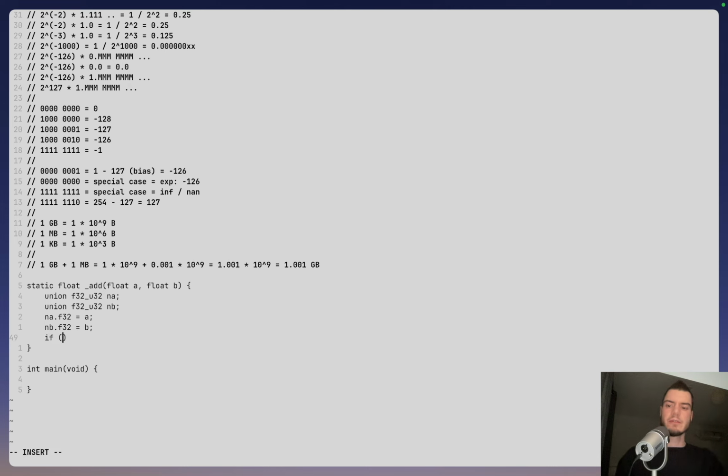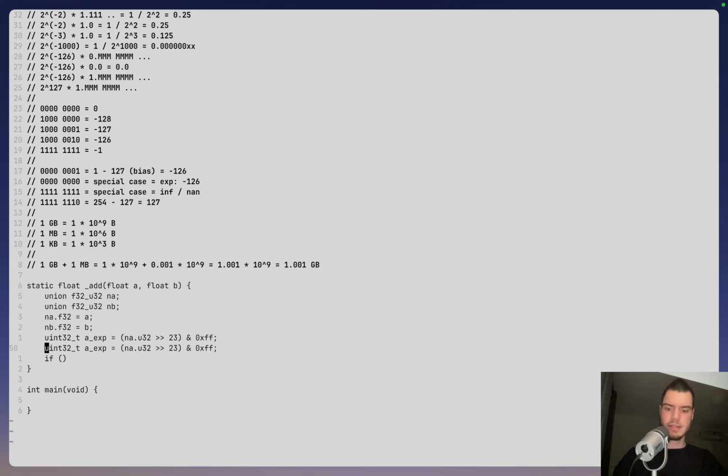So let's actually create a separate value that's going to be the exponent, and that's going to be the integer representation shifted to the right by 23. So we're shifting out our mantissa and ANDing that with 255, so 8 bits set to 1.